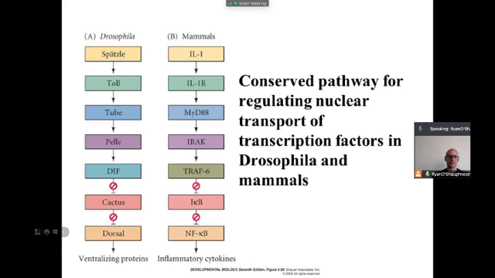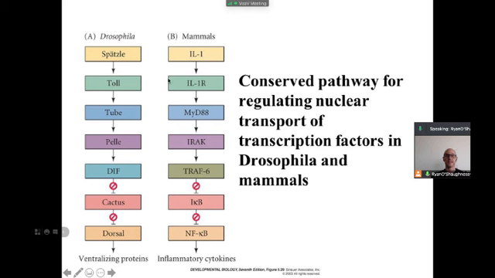And so this is a conserved pathway for regulating nuclear transport of transcription factors in Drosophila and mammals. So in Drosophila we have Spatzle, which binds toll, and then through tube and pearl and downstream kinases we inhibit and degrade Cactus, and this allows dorsal to enter the nucleus and initiate a ventralized fate. In mammals, the analogous pathway is the interleukin-1 pathway.